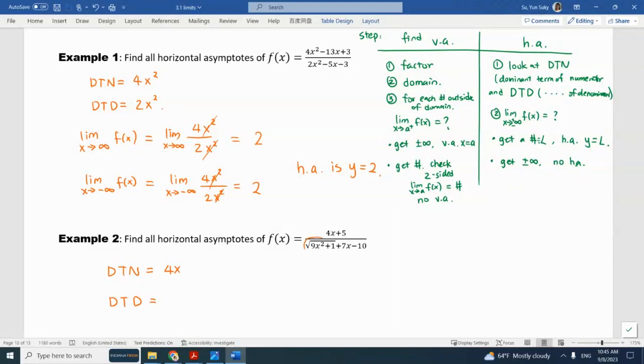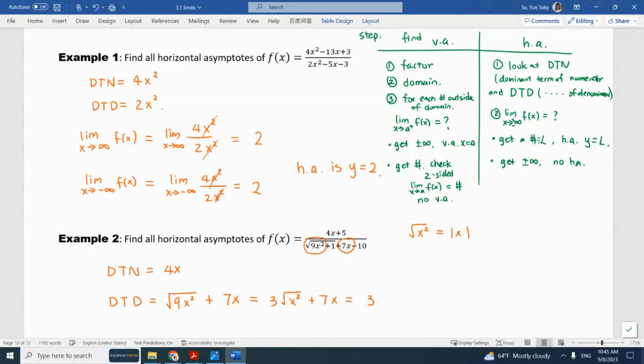Okay, so we got this term, but don't forget the square root 9x squared and also the 7x. What's square root of 9? 3, right? And you have square root of x squared. Okay, here you gotta be very, very careful because square root of x squared is not just x.